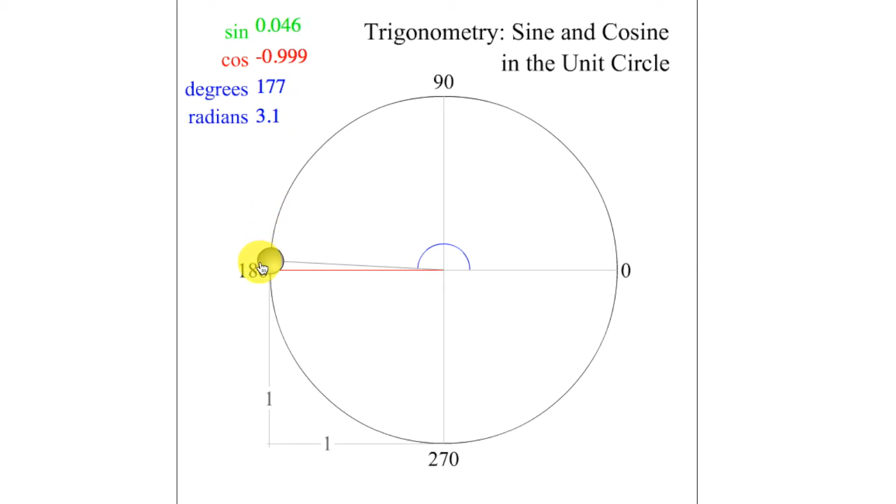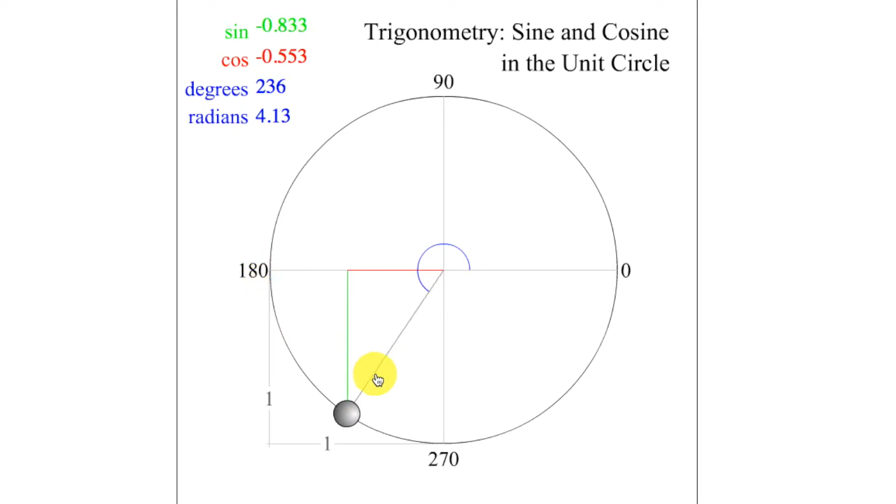Notice what happens when I get to exactly 180 degrees. At 180 degrees, my radian measurement is 3.14. And of course you'll remember that 3.14 is equal to pi.